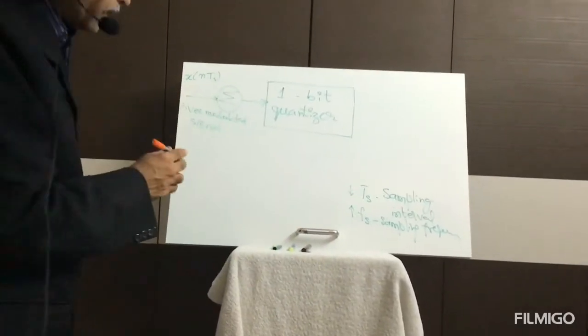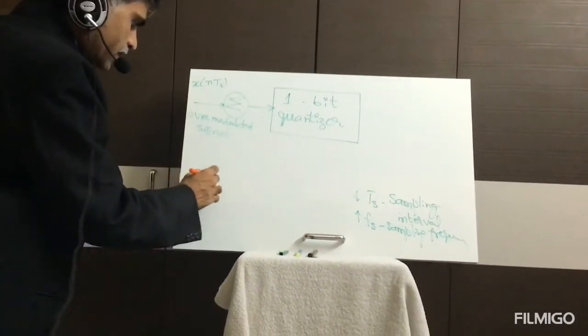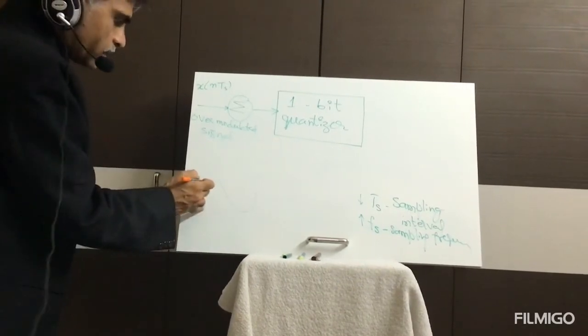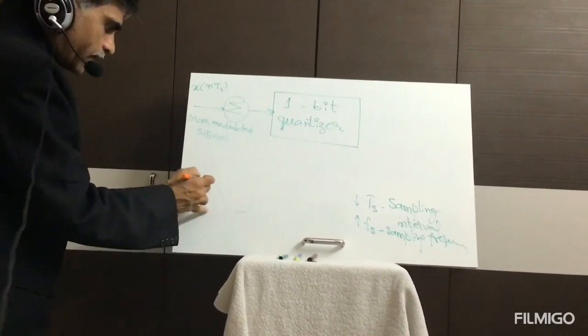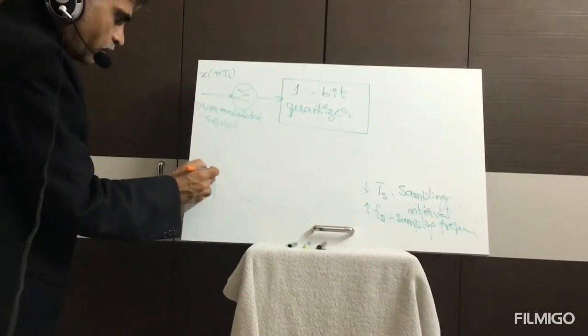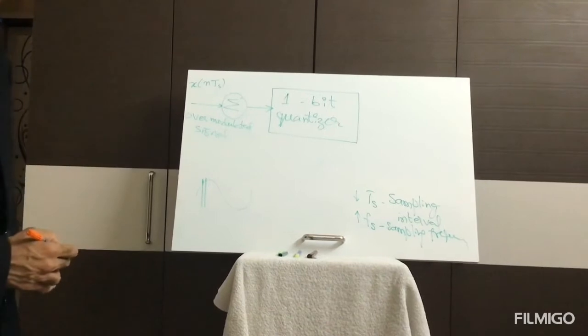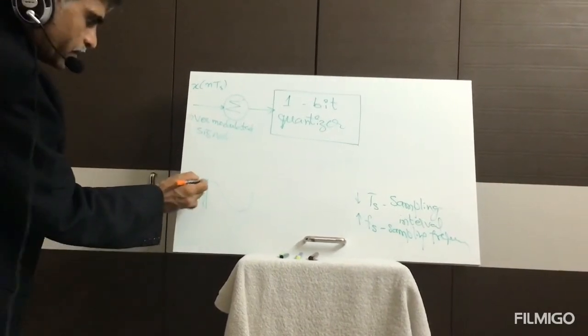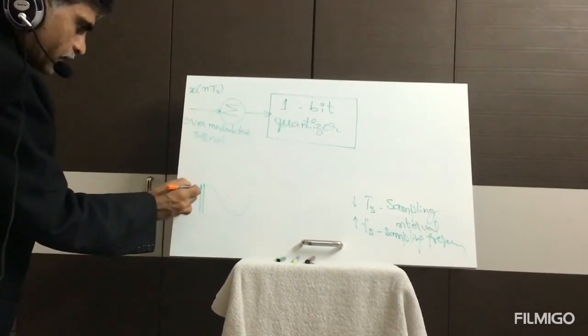What do you mean by the reduction in the Ts here? If it is a continuous signal, the sampling interval is reduced, which means you will take successive samples to be very close to each other. Then what happens? Step size will be reduced. This is the step size here.